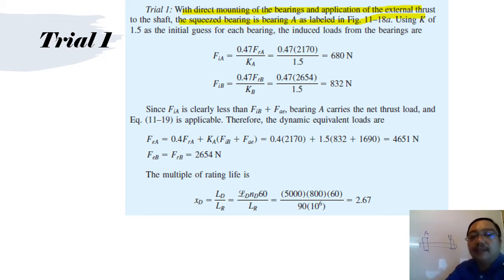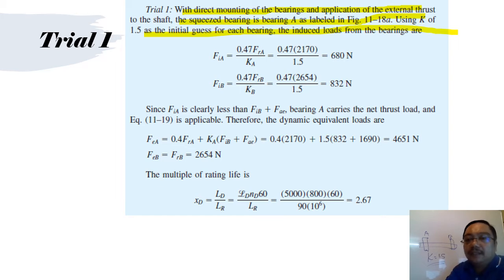Using K as 1.5 as the initial guess for each bearing, the initial load is like this. K equals 1.5 using the Timken equation. You can randomly guess any value initially, and then you can get your answer and check whether it is acceptable. If not satisfied, do it again and again until you get a satisfactory answer.